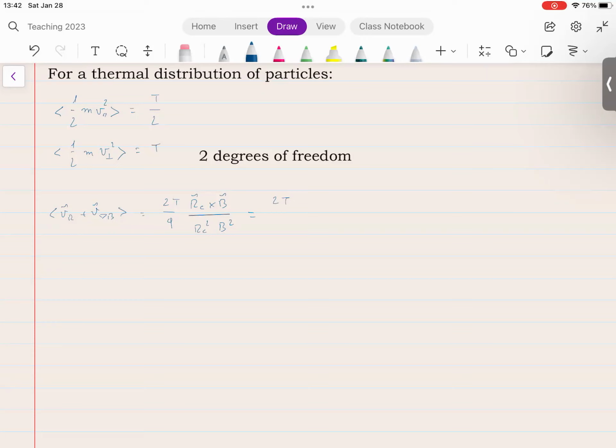This is also equal to 2T over Q, B cross B dot grad B with the proper hats, divided by B squared.